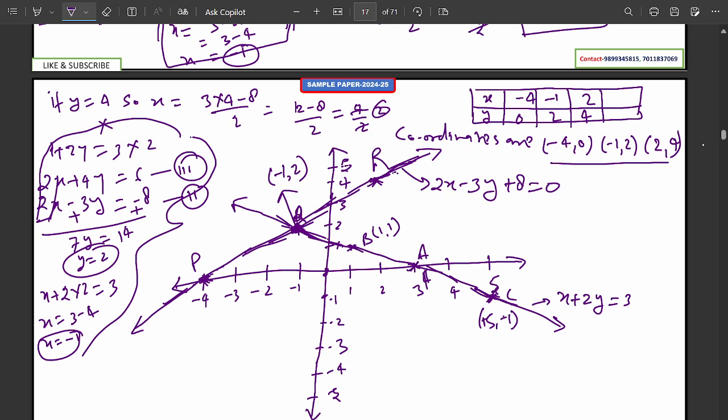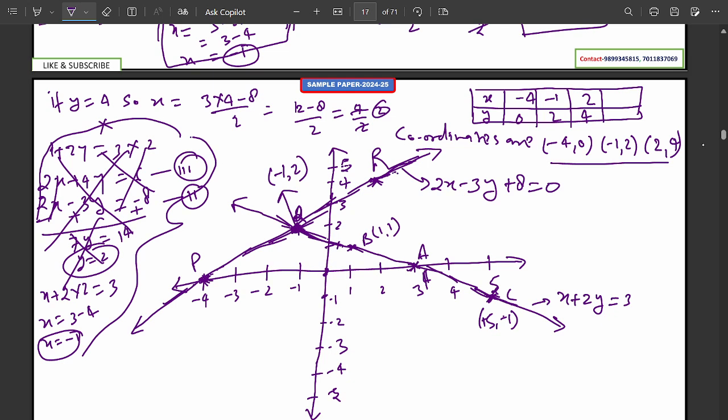There is no need to solve this. You can solve this in rough if you have time in the examination. If you don't have time, you can directly plot all these coordinates on the graph and find the intersection point. So basically this is the solution of this question, and this is a rough graph diagram.